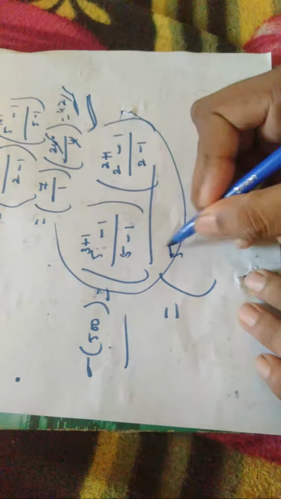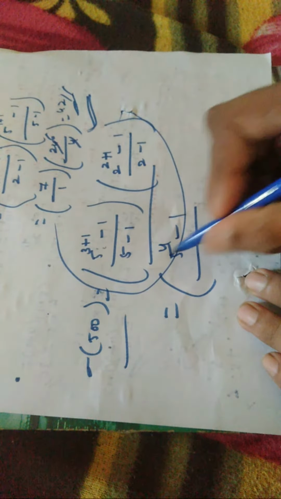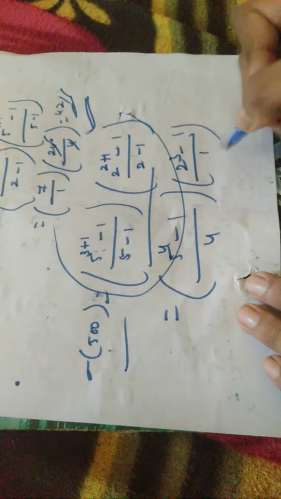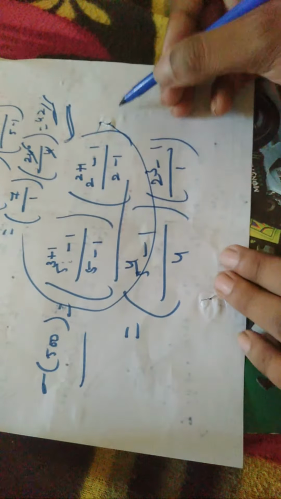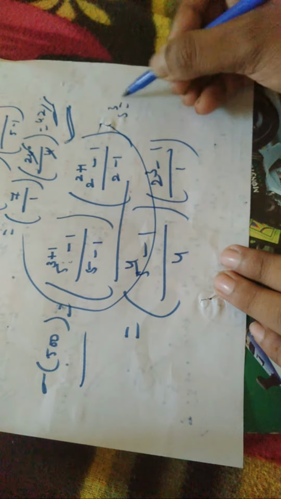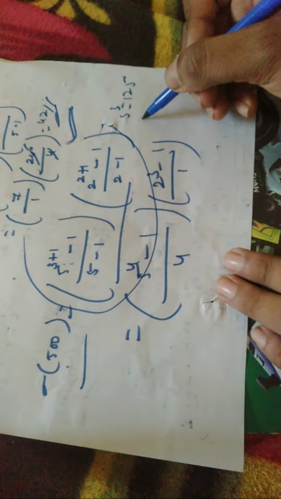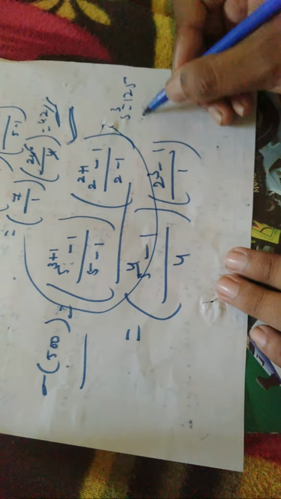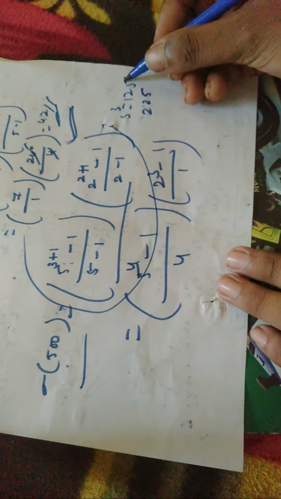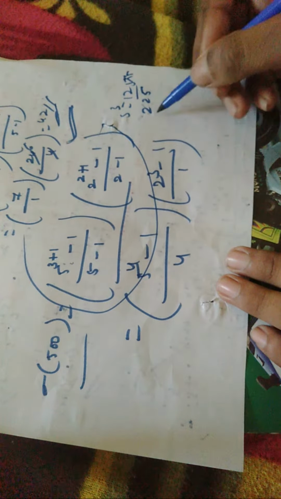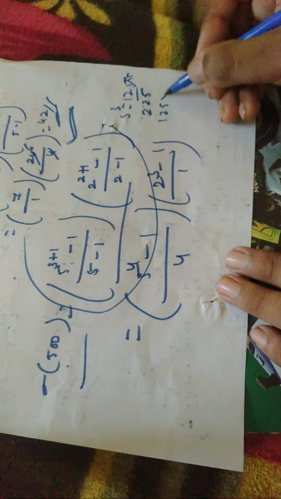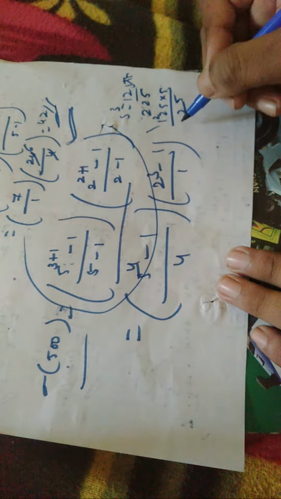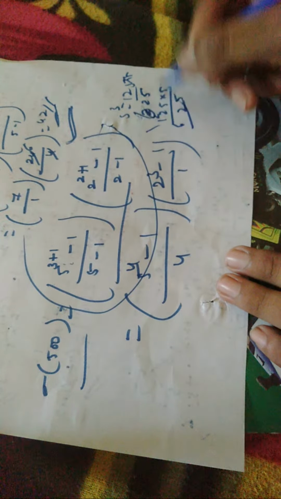That means 5 power 4 minus 1 by 5 minus 1, which is 4, and 2 cube minus 1 by 1. 5 cube is 125. 5 fives are 25, 25 fives are 125, 125 times 5 is 625.